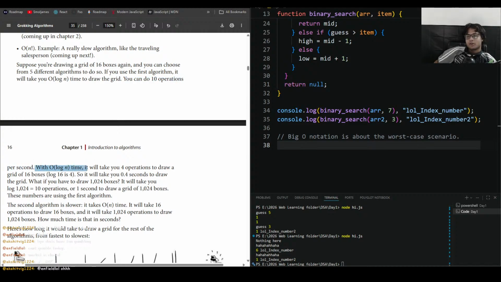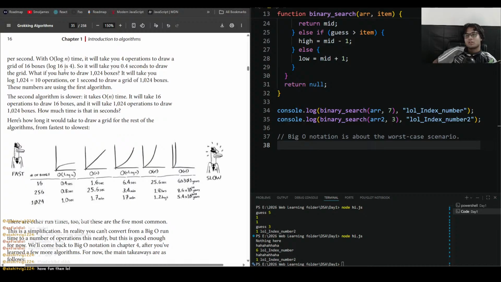With O(log n), it will take 4 operations to draw a grid of 16 boxes. Log 16 is 4. Okay, 2 times 2 times 2 times 2.